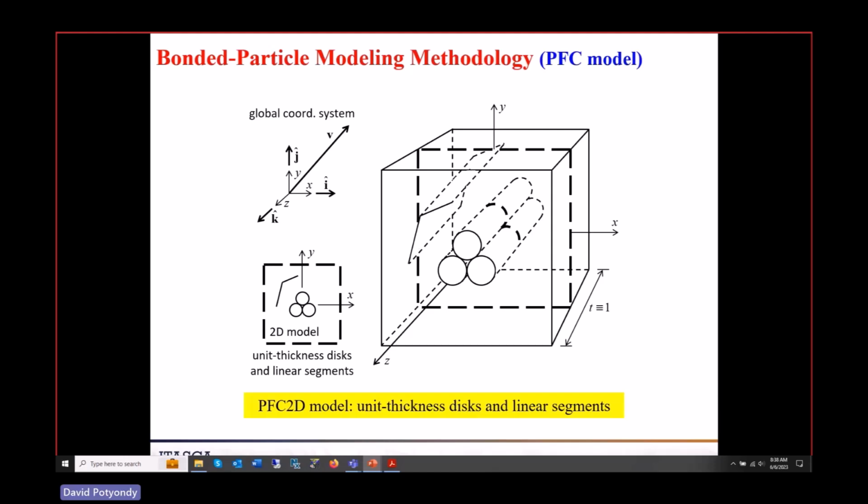For example, when I squeeze the cylinders, in reality, they're supposed to squeeze outward, and there should be confinement that naturally builds up if you had walls on each side, but that doesn't happen in the PFC 2D system. If you have a triaxial set of spheres in a cylinder and you squeeze it, it bulks out in all directions naturally because it really behaves like a bunch of spheres in a cylinder, whereas 2D doesn't. So that's something to be kept in mind.